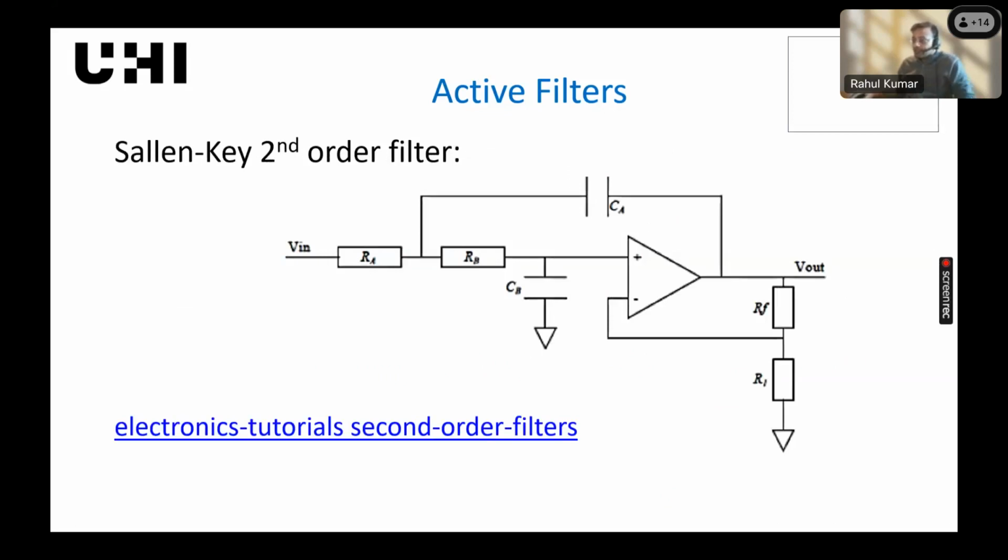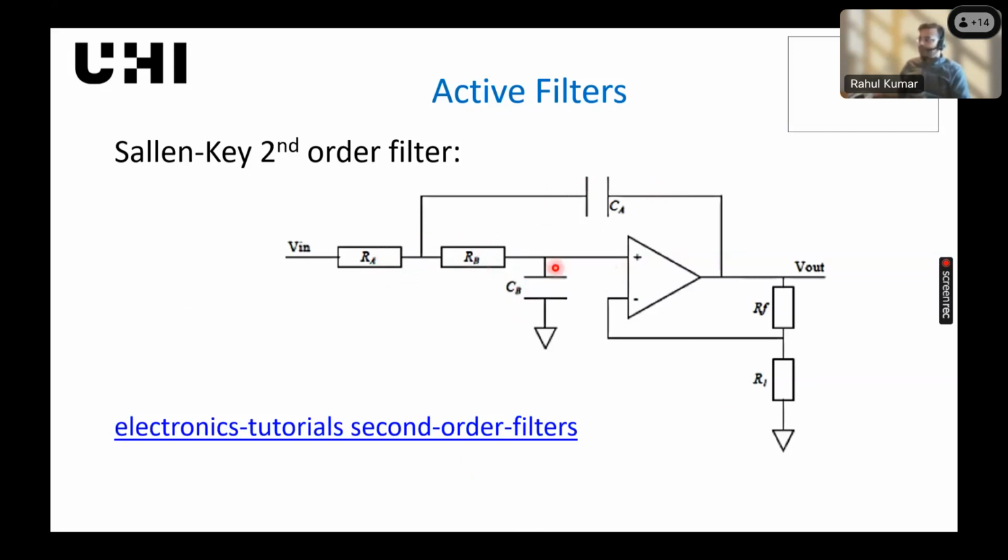Now this is a Sallen-Key second order filter. It's similar to our first order or single pole active filter, but along with your RC, you have an additional pair of resistance and capacitor.